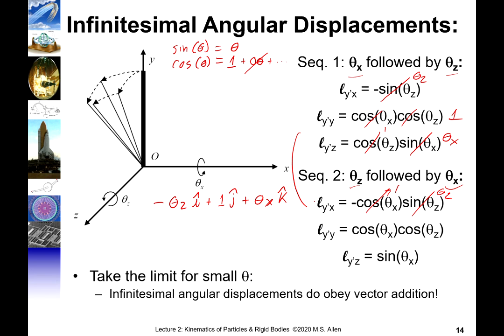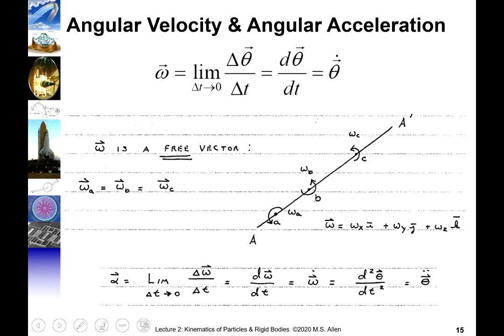So we can take advantage of that. The way we take advantage of that is in calculating angular velocity and angular acceleration. By definition, angular velocity is the derivative of an angular displacement divided by time. As we let delta t go to 0, this becomes small, and so these displacement components are infinitesimal.